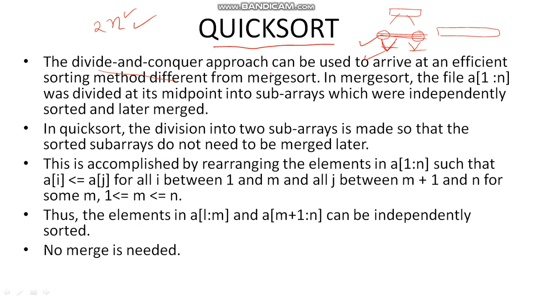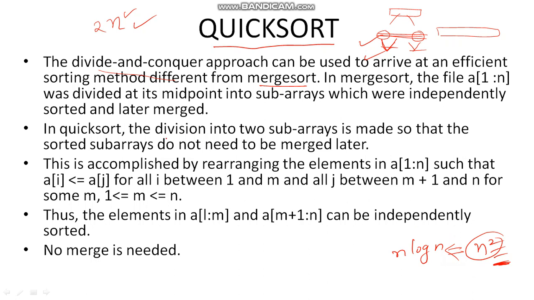Divide and conquer approach can be used to arrive at efficient sorting methods different from merge sort. Merge sort is efficient, its complexity is n log n, which is always better than n square for bubble sort, selection sort, and insertion sort, specifically insertion sort in the worst case, where the complexity is n square.